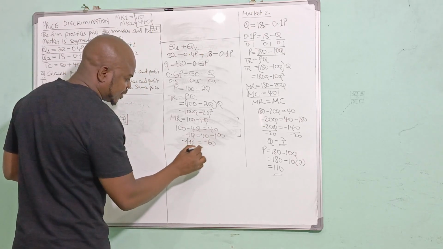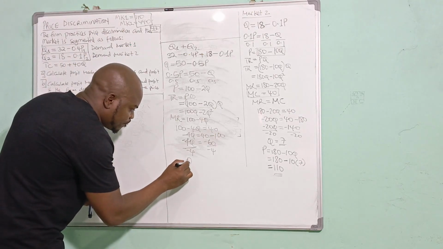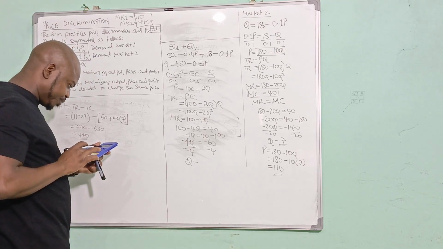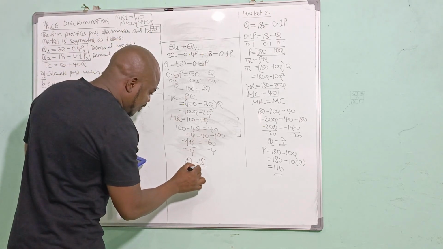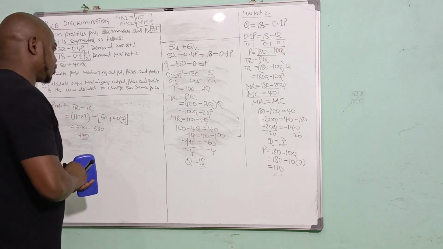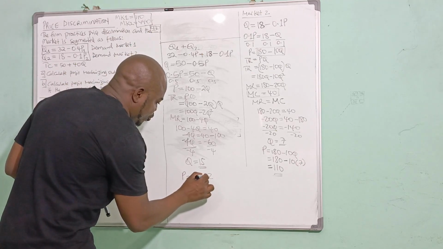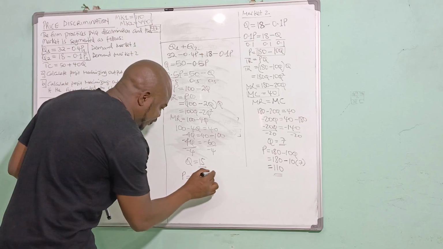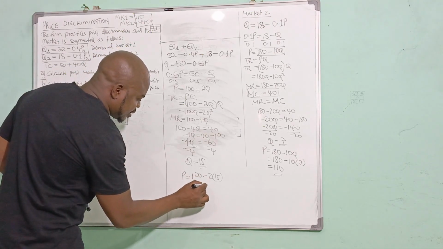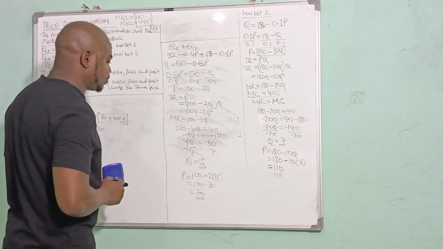Negative 4 this side, negative 4 the other side. And then my Q therefore will be equal to negative 60 divided by negative 4, which is basically 15. With this, I can find the price. P is equal to 100 minus 2Q. Where there is Q here, I can put 15. 100 minus 30 is 70.